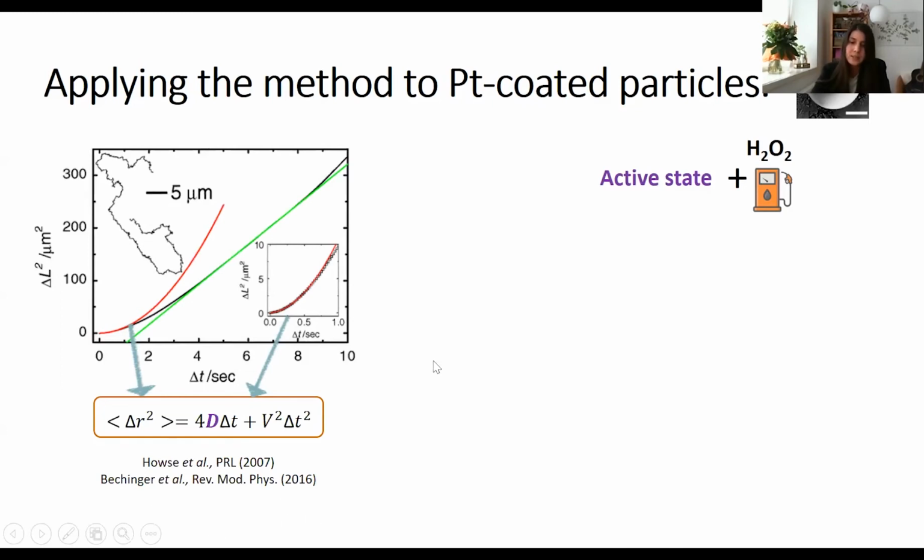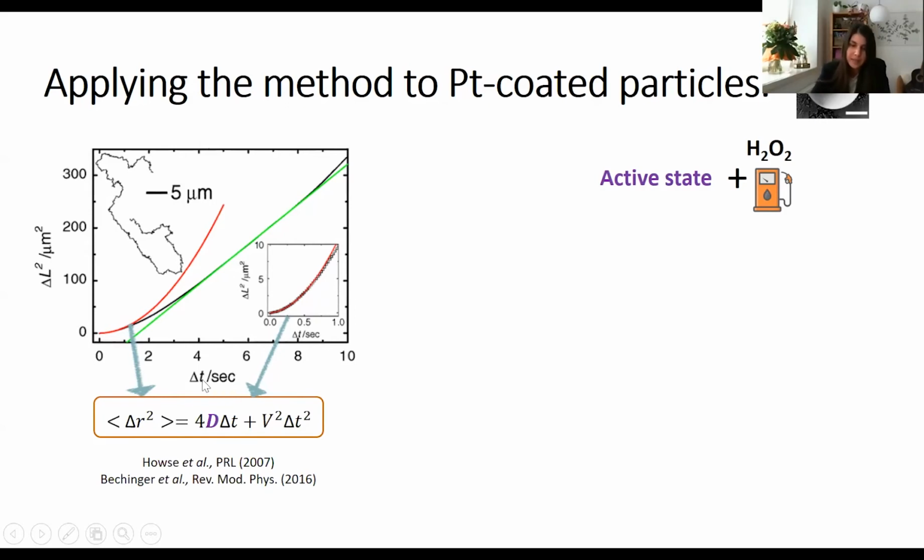In these articles, you can also find the full mean square displacement expression for both the short-term regime and the long-term regime. Here, I'm only showing you the short-term regime, and this is what the mean square displacement expression reduces to. In this regime, if we are able to capture it, we can fit the mean square displacement data and decompose the two contributions.